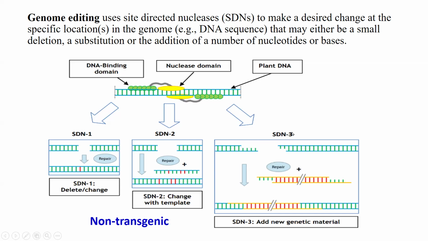And nowadays, if SDN3 contains a new gene and you want to introduce it and make a transgenic, then you must go through the biosafety guideline. In Bangladesh, our government introduced a standard operating procedure for SDN1 and SDN2 so that gene edited plants can go directly to the farmer's field without rigorous biosafety guideline.